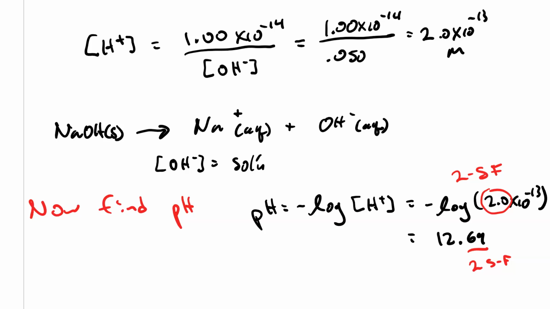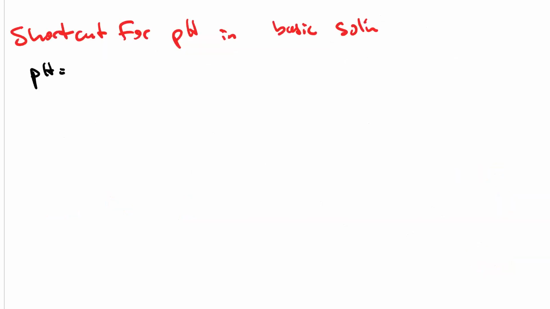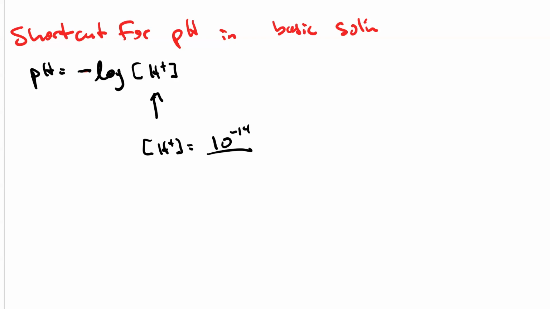There's also a shortcut. So our equation for pH is pH equals a negative logarithm of the H plus concentration. Now we know that the H plus concentration equals 10 to the negative 14th over the OH minus concentration. So we can substitute this fraction here.